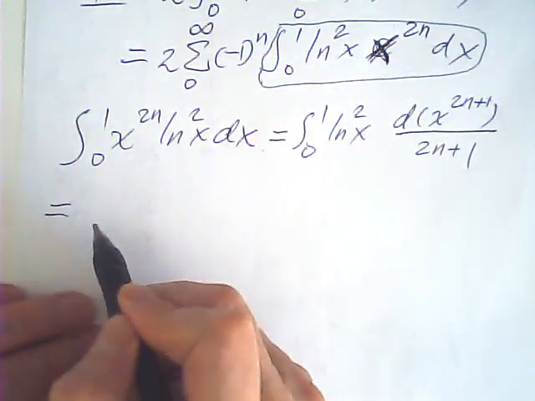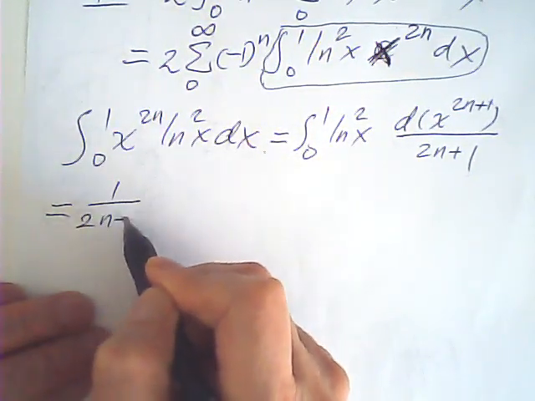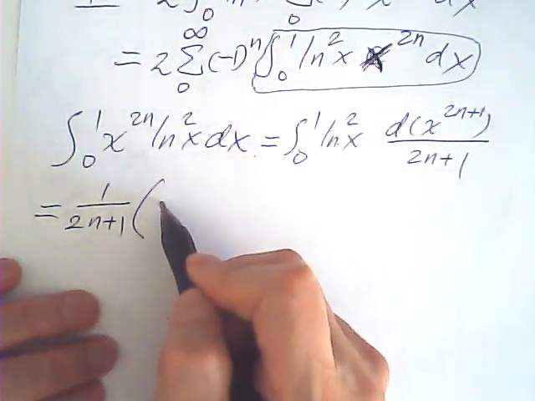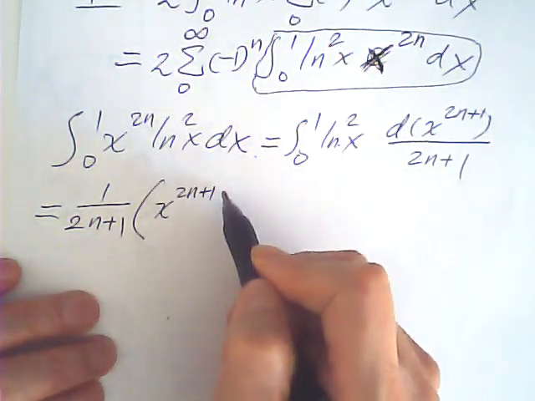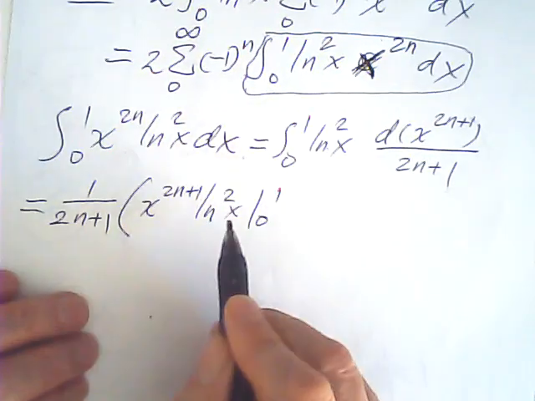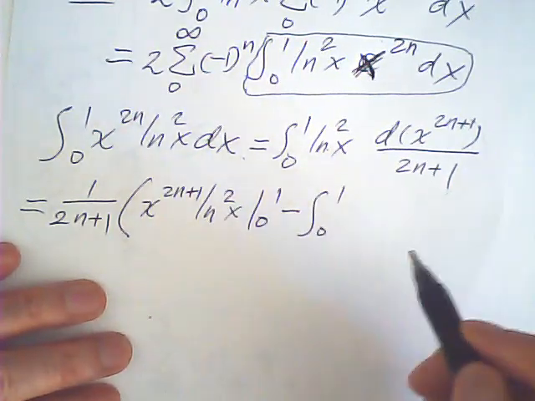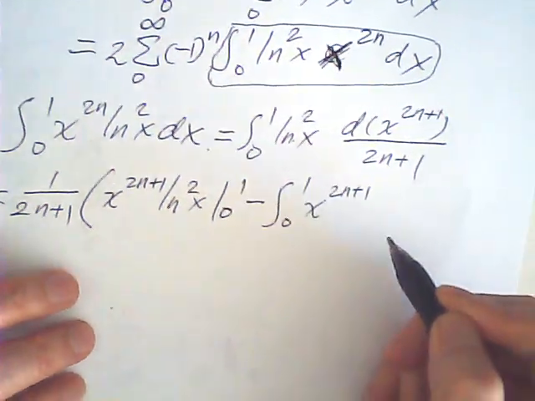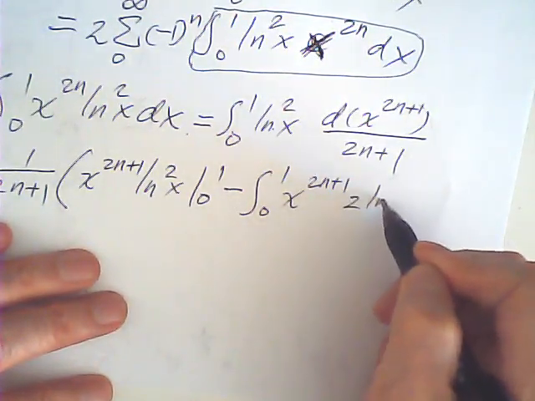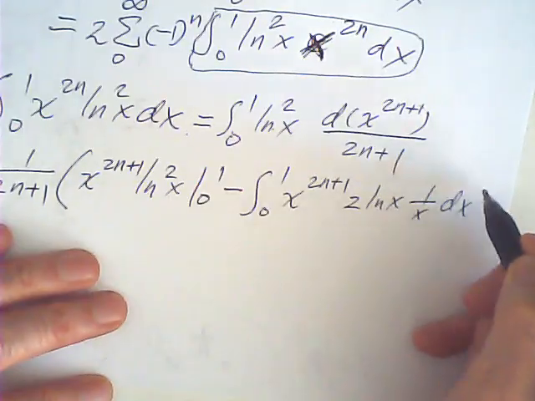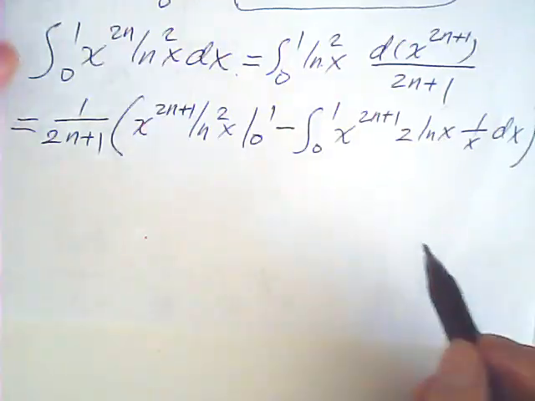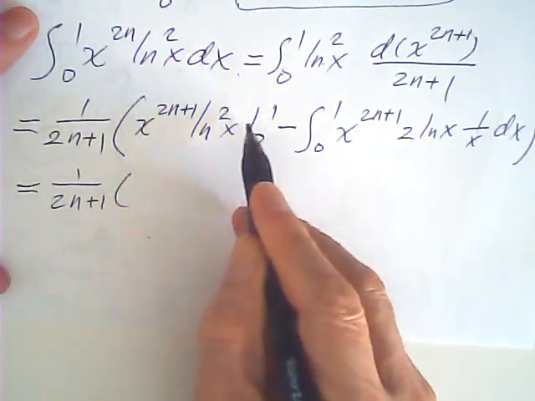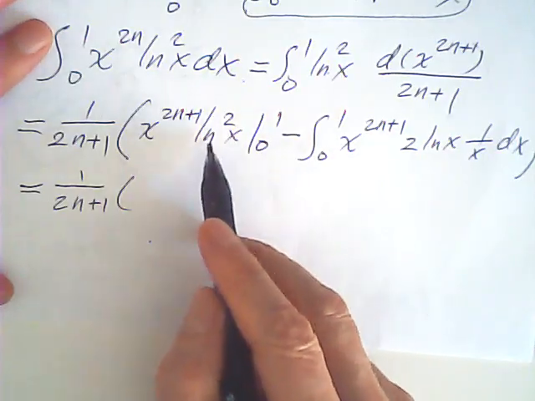Now I can use integration by parts, right? The constant is taken out. u dv, so this one times x. uv minus integral of v du. v is this. du is 2 log x times 1 over x dx. Well, when x equals 1 it is 0.